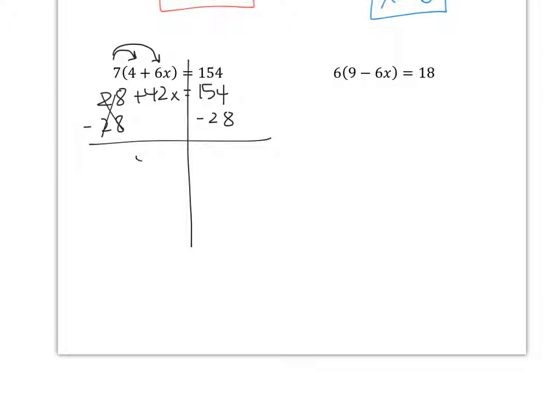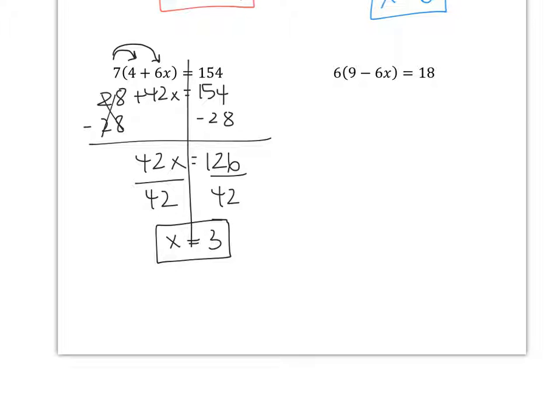And I'm left with 42x on the left-hand side is equal to 154 minus 28 is 126. And then now I have 42 times x, and to undo a multiplication problem, I divide by 42. And 126 divided by 42 is 3. So my answer here is x equals 3.